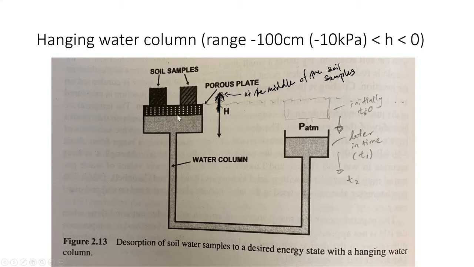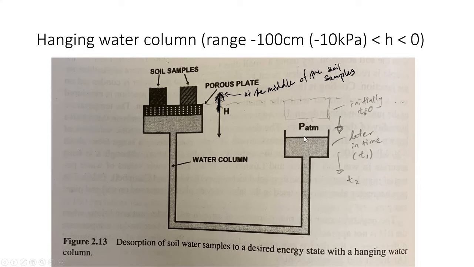One of the reservoirs has a porous plate on top, and on top of the porous plate there is a soil sample. The reservoirs are initially at the same level, and then the one that is open to the atmosphere is lowered, and after it is lowered, the system is left to achieve equilibrium.